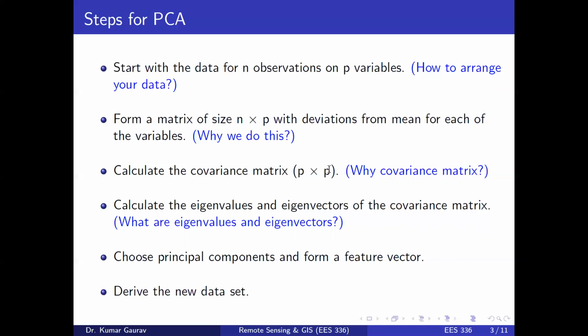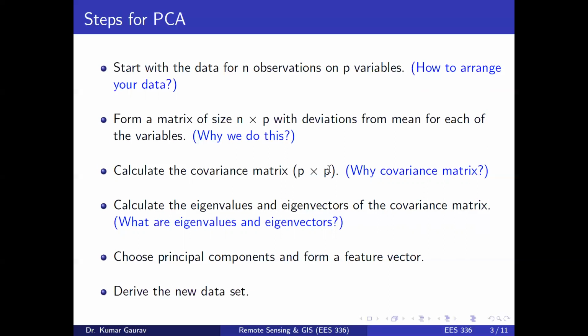The very first step is how one should arrange the data for applying PCA. You cannot apply PCA over any data; you have to format the data according to this format: the columns should represent the variables.